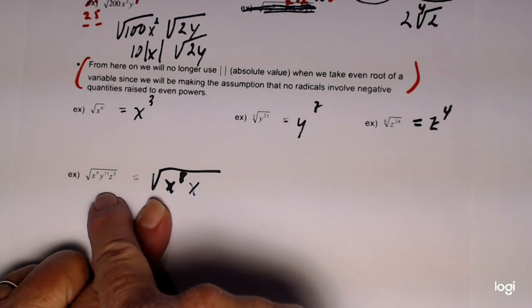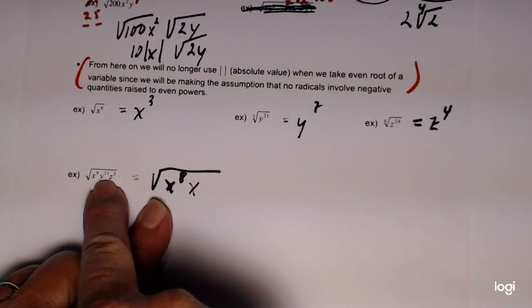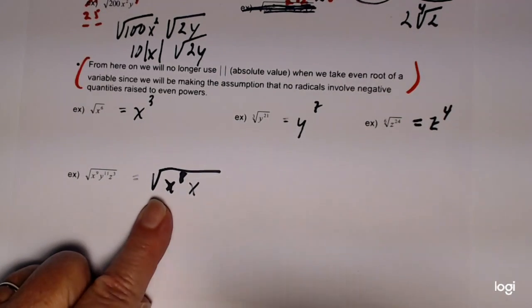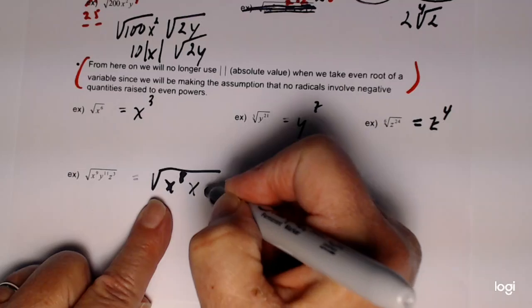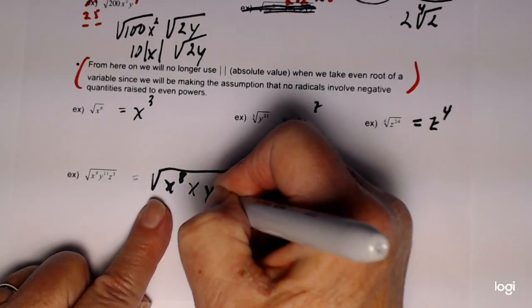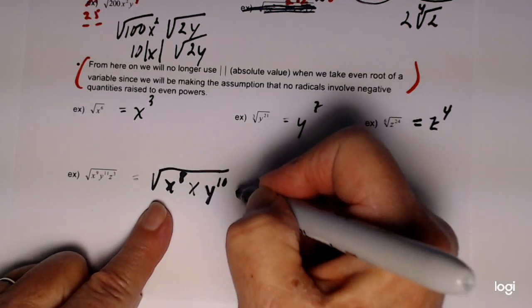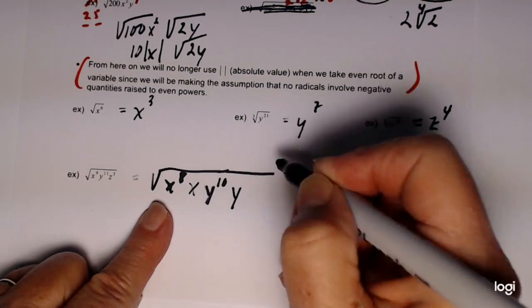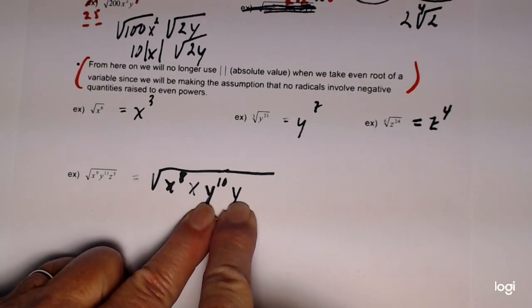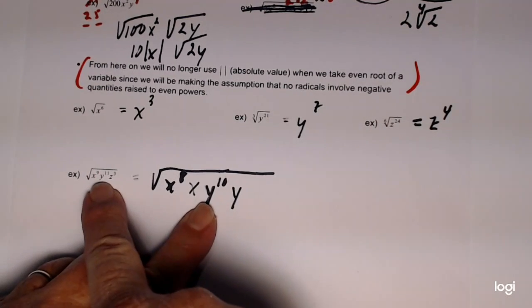Moving on, y to the 11. Again, 11 divided by 2, it's 5.5, so we can't use the 11. Let's go down by 1, y to the 10. 10 is divisible by 2. So here we have y to the 10. And again, I'm going to need an additional representation of that variable, y, because what we have is y to the 11.